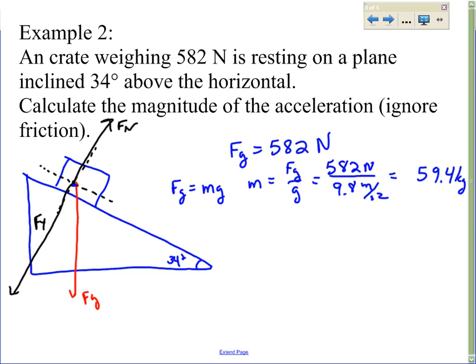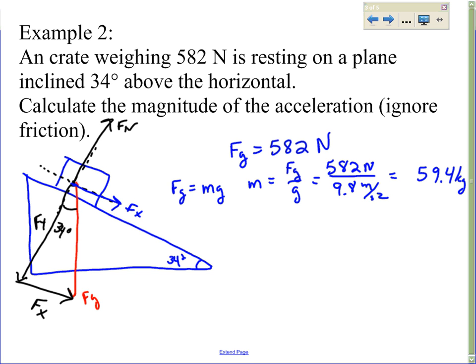Along the incline, or parallel to it, that's your Fx. Remember, that can also be drawn right there. So remember, the interior angle is the same as the angle of your inclined plane, so it's 34.